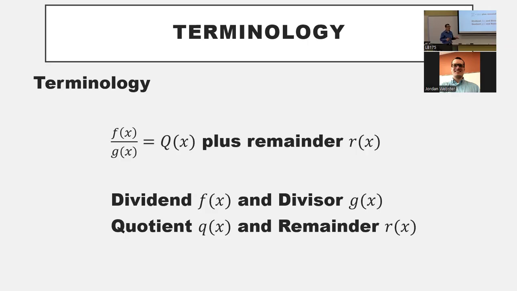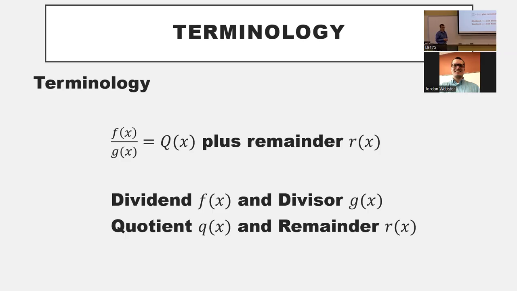Now, the terminology I'm going to use is that if we take two functions and divide them, f of x divided by g of x means that the dividend is f of x and the divisor is g of x. So dividend and divisor. The quotient we call q of x, sometimes capital Q, sometimes lowercase q, doesn't matter, plus the remainder.